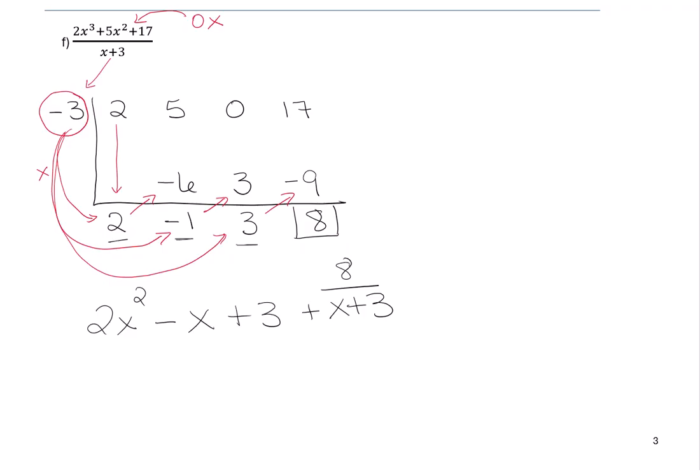Because we had a remainder, that means x plus 3 is not a factor of 2x cubed plus 5x squared plus 17.